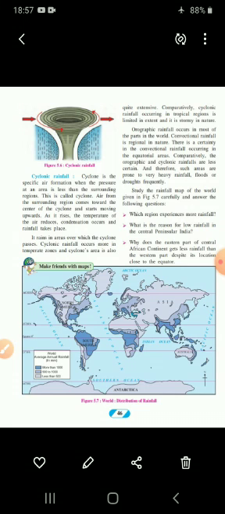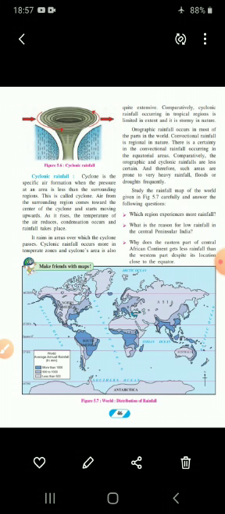Children, cyclonic rainfall or cyclone, how does it happen? When the air pressure of an area is less. Understood? If you observe figure 5.6, you can see the low pressure is created in the middle of this diagram. This is what we witness during cyclonic rainfall.